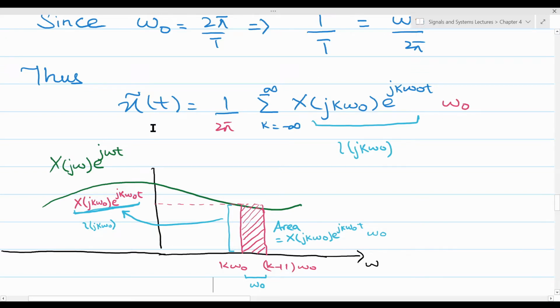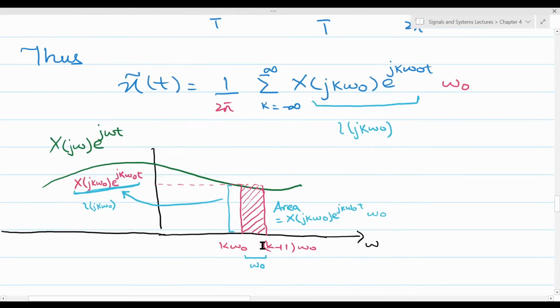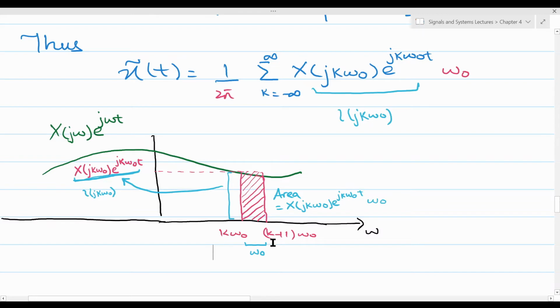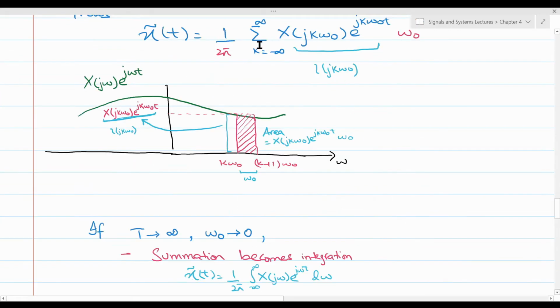If the time period T of this product signal x tilde approaches infinity, then this omega naught, the fundamental frequency, will approach 0, and therefore the spacing between k omega naught and (k+1) omega naught will become infinitesimally small, and the area of all these rectangles will converge to the area under this continuous envelope function. Therefore, the summation becomes the integration of the continuous envelope function, and the variable of integration here will be d omega, which is the x-axis of the graph.